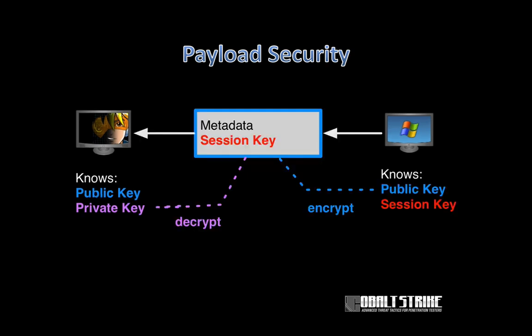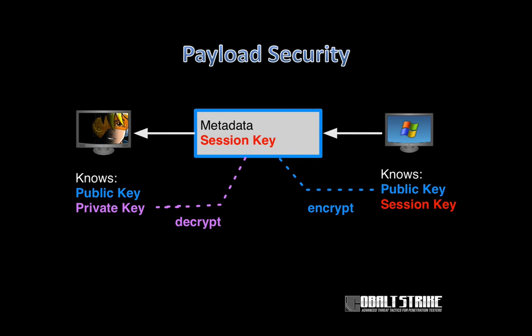When Beacon is running on a target, the target generates a session key. So at this point, the target knows the session key and it knows the public key of its team server. It then encrypts metadata to send back to the Cobalt Strike team server, using the public key, which only your team server can decrypt.